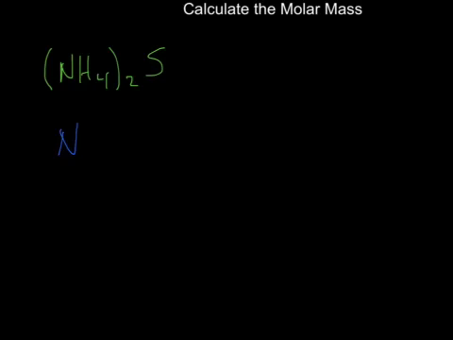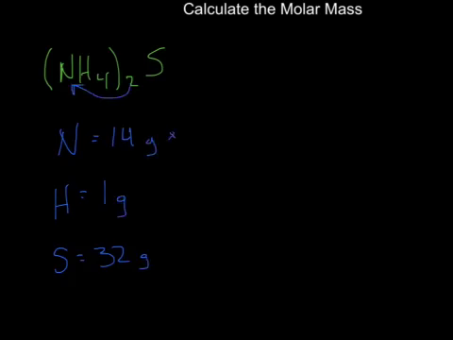We have nitrogen, hydrogen, sulfur. Okay, nitrogen molecular weight can be rounded to 14. Hydrogen 1, sulfur 32. And let's go ahead. Our 2 goes in. We have 2 nitrogen, so times 2.